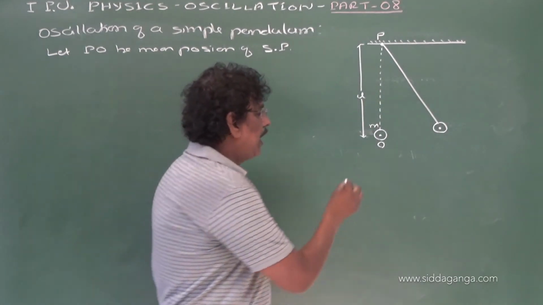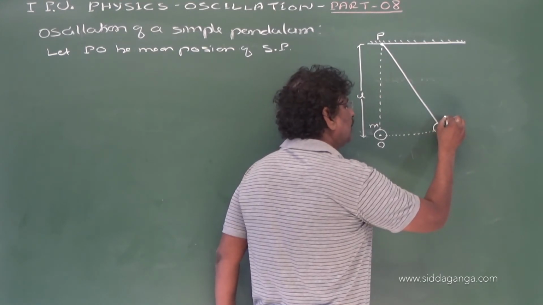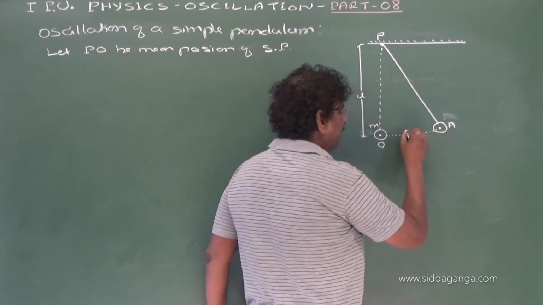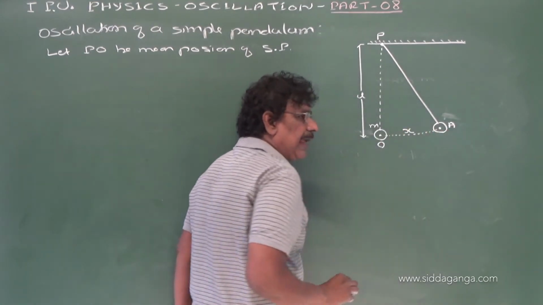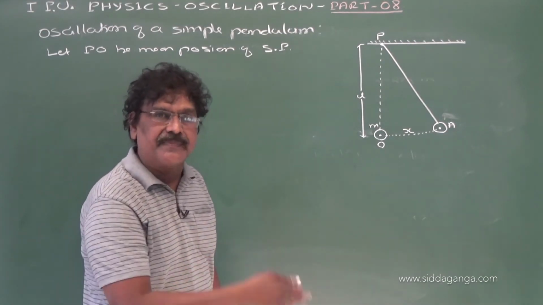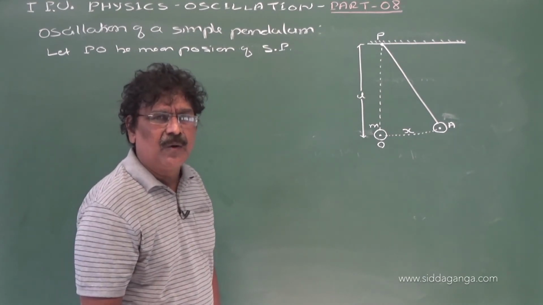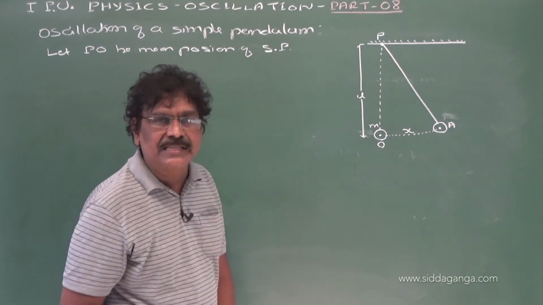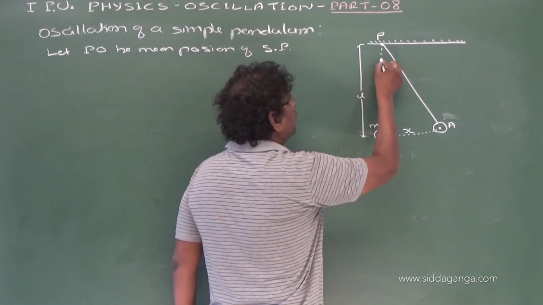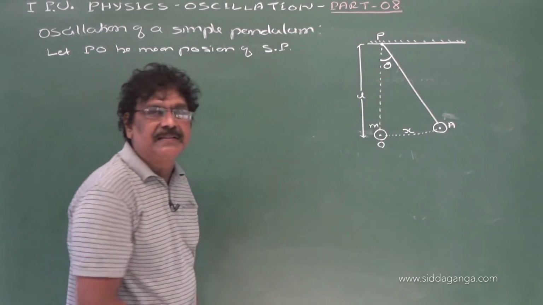Now, the bob has displaced to the position A, displacing through a horizontal displacement x. Here I am taking x, where generally in case of spring we have taken the displacement y. Here I can take it as x because it is a horizontal displacement. Now the string displaces through an angular displacement theta.